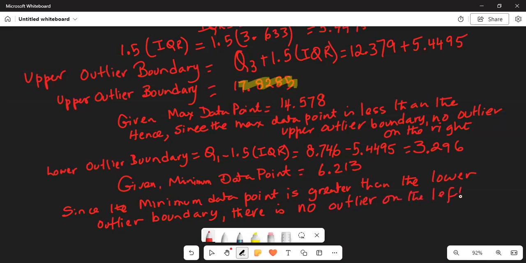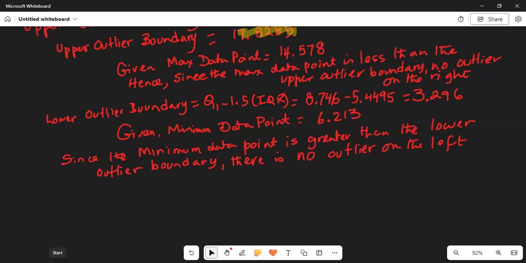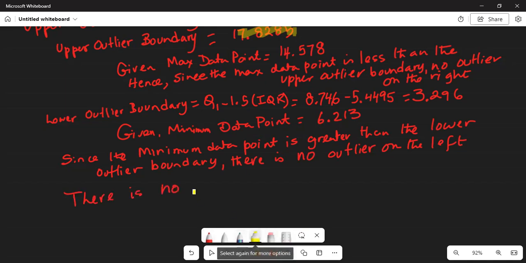Bottom line, and this is the critical thing, there is no outlier in this data set.